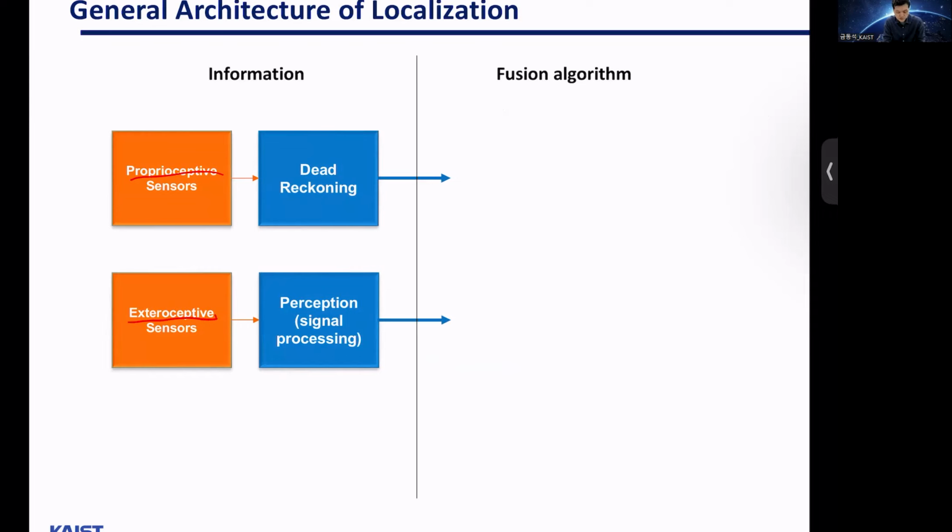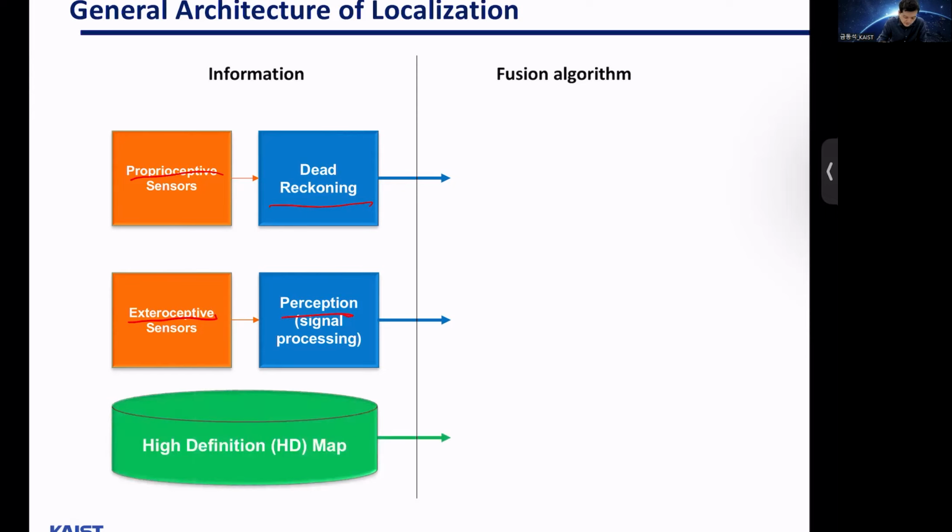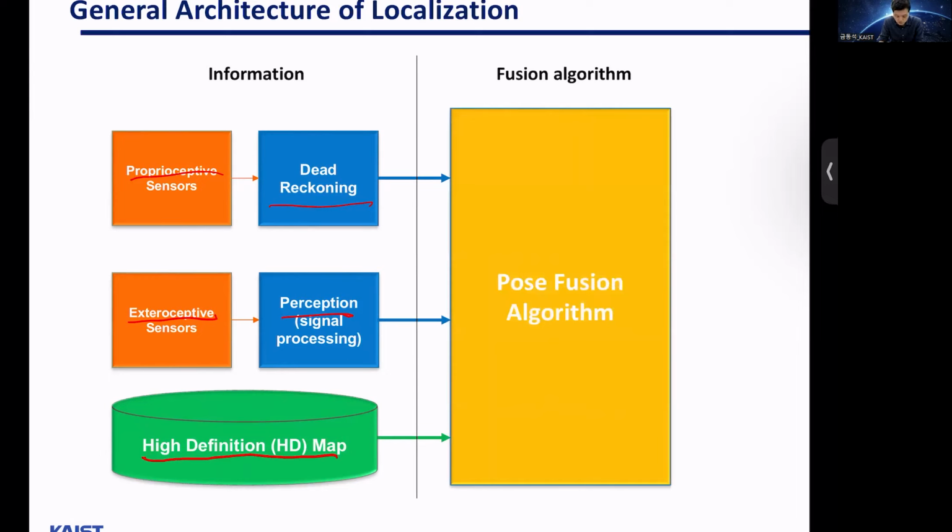And by using that information, we can do dead reckoning and perception. And then if we have an HD map available, we can do pose fusion, pose estimation based on fusing this information to compute position and orientation.